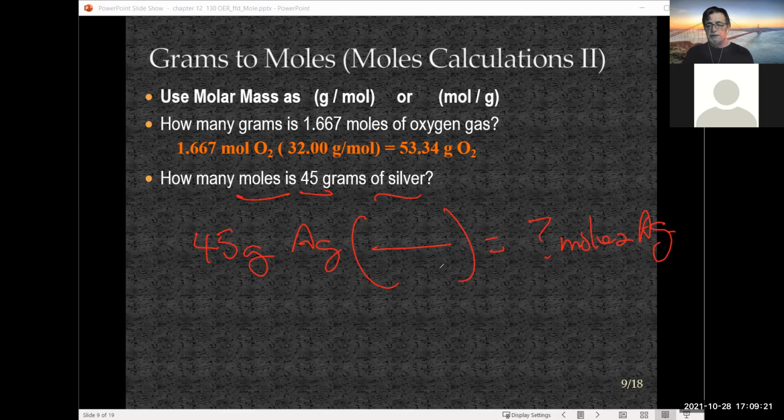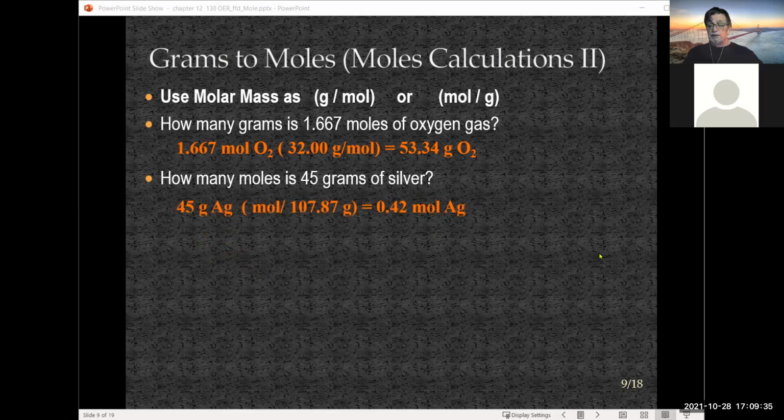And so that means that I need grams in the denominator and moles in the numerator. And it's just silver, so we just need the atomic mass of silver, which is 107.87 grams. Notice that our grams cancel, leaving us with moles, which is what we want.